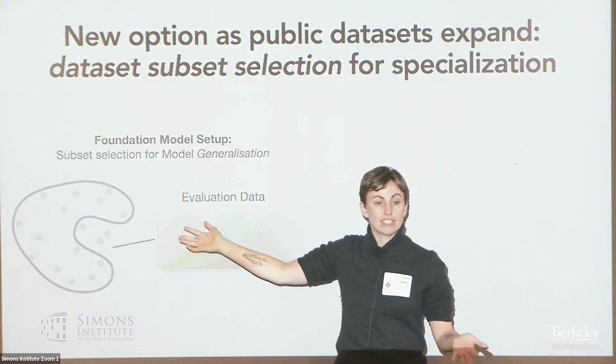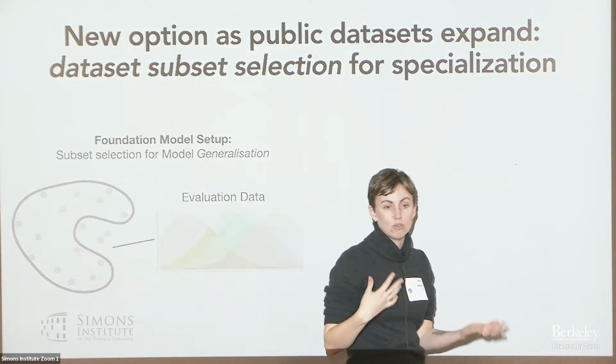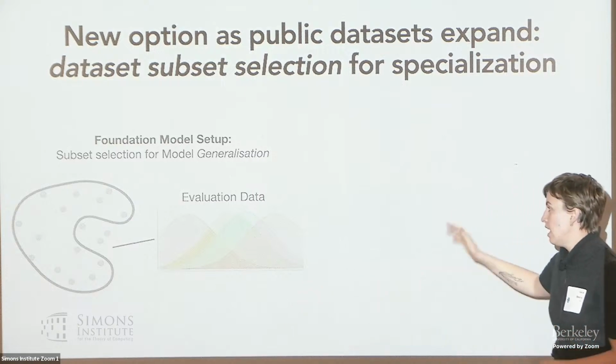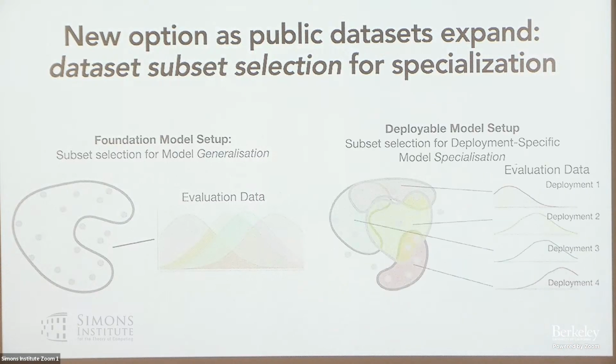Maybe you use something like a data filtering network and find that this is the subset of data that's most useful across all of these tasks, and you're doing some evaluation in aggregate. But what we are quite interested in is how we come up with good methods for selecting subsets of training data that are most relevant to a given deployment.